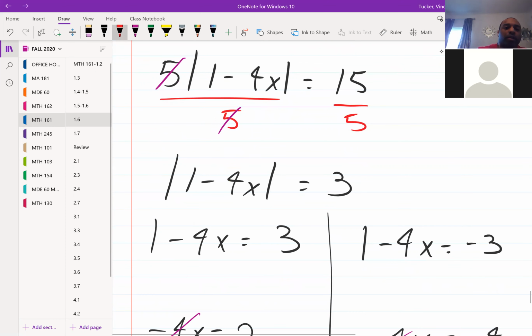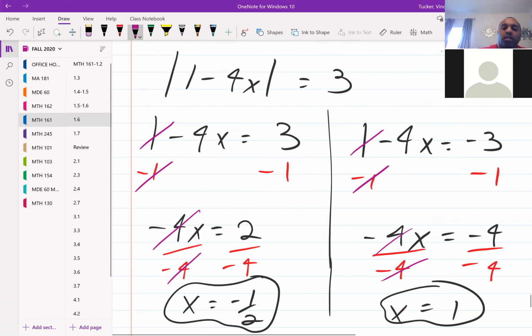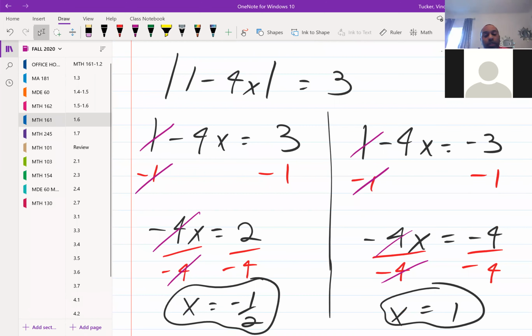All right, now we can subtract 1 from both sides of each equation. 1's cancel on the left. We get negative 4x equal to 2, and negative 4x equal to negative 4. Then divide by negative 4. We have our two solutions, negative half and 1.